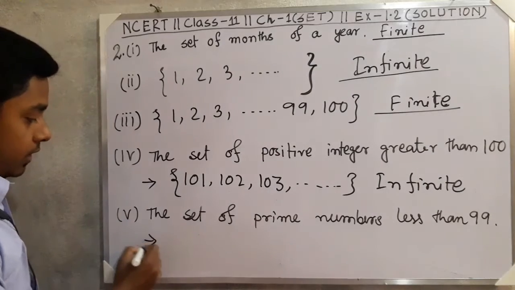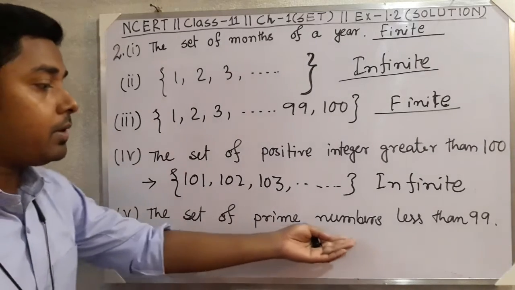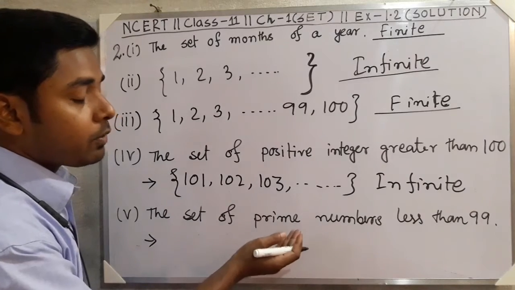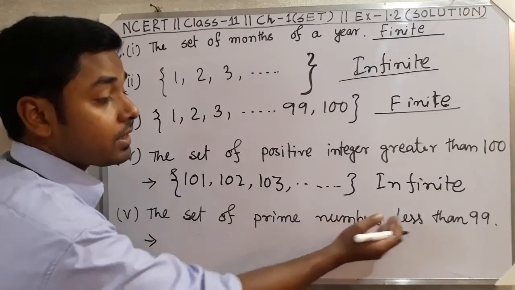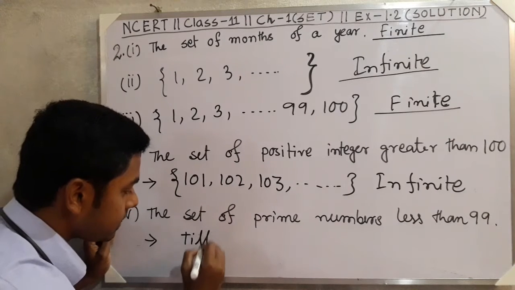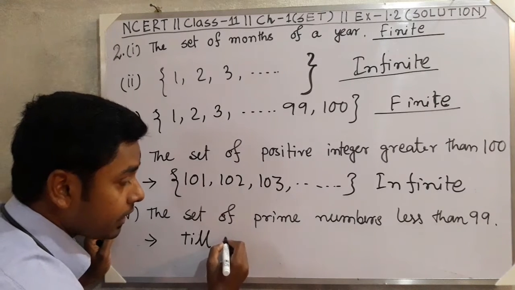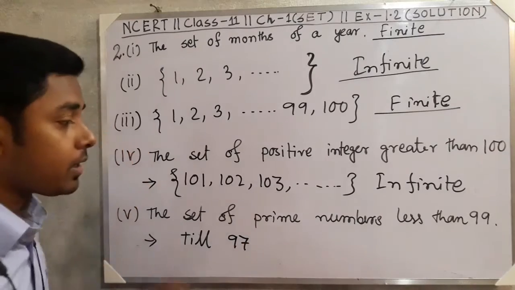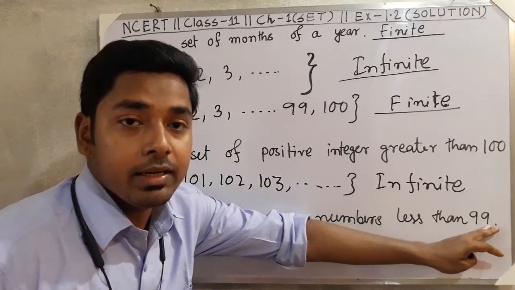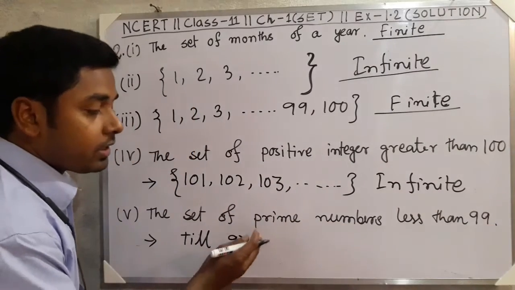Okay. Now 5. The set of prime numbers less than 99. We have to make a set of prime numbers less than 99. Less than 99 means the series will go till 97, because below 99, 97 is the only prime number.